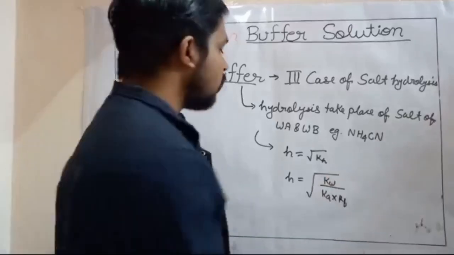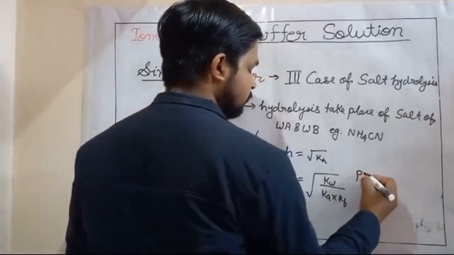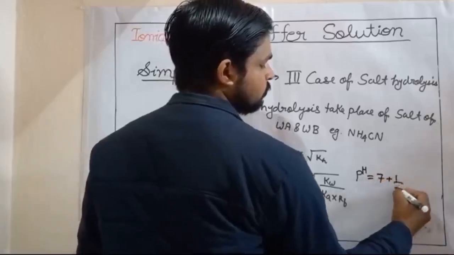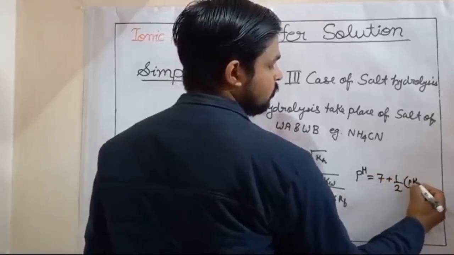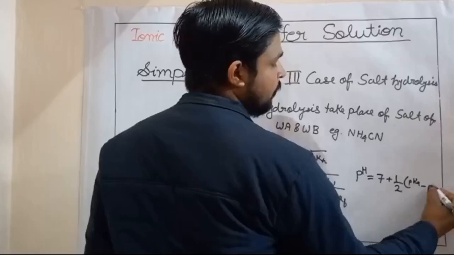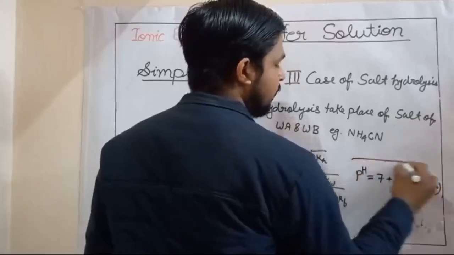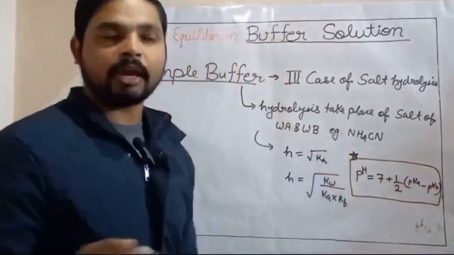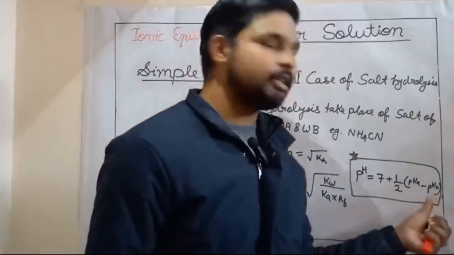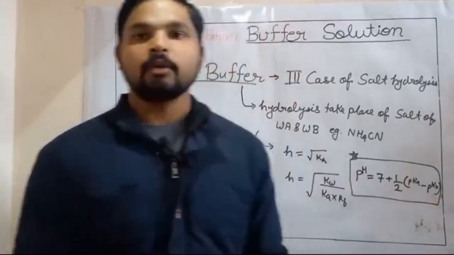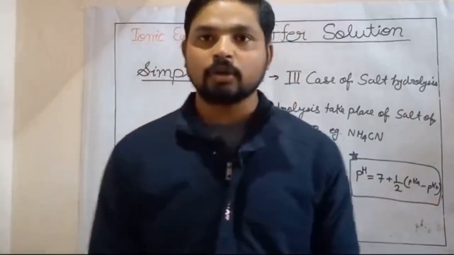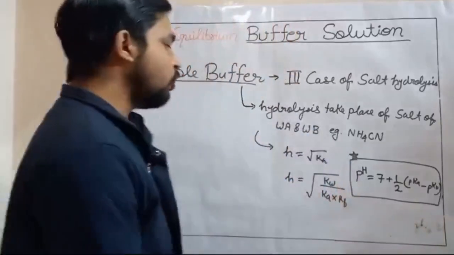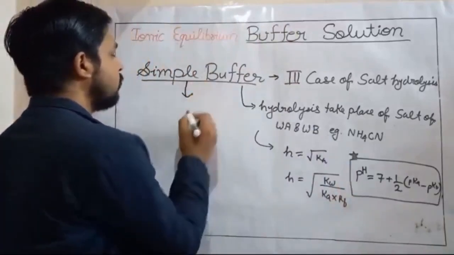So its pH formula can be derived as pKa minus pKb. In this formula there is no effect of concentration, no concentration term comes here. In the first and second cases of salt hydrolysis, the log C concentration term comes, but here it does not come. So the simple buffer is not affected.